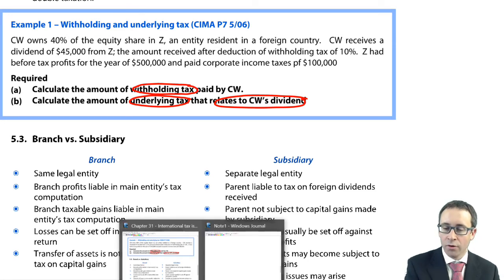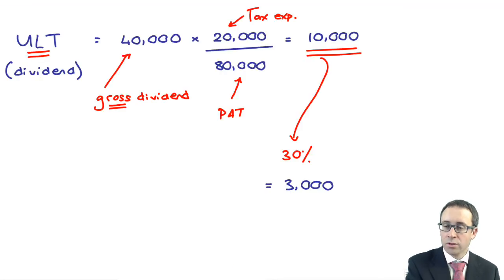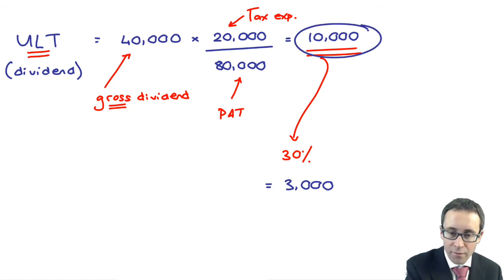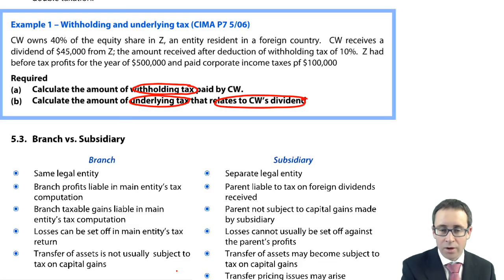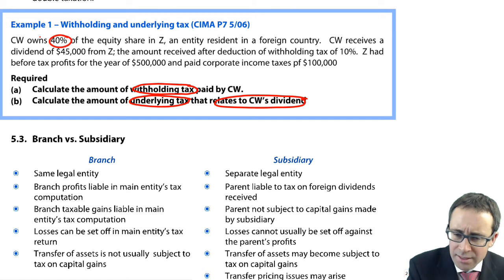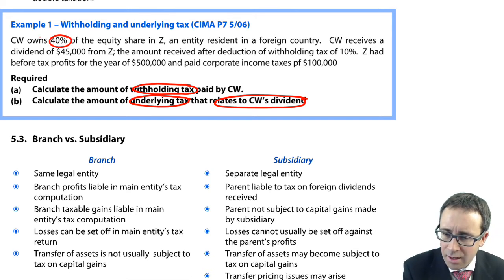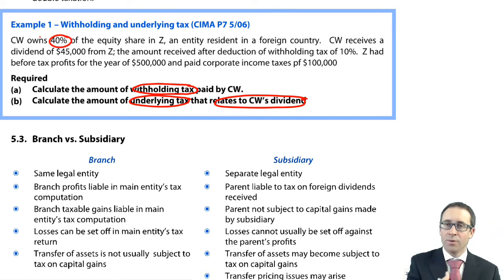Not the total amount of underlying tax like we saw before; it's looking for the amount that related to the dividend. Let's look at the information. CW owns 40% of the equity shares in Z, which is resident in a foreign country, which is why you have underlying and withholding tax as well.